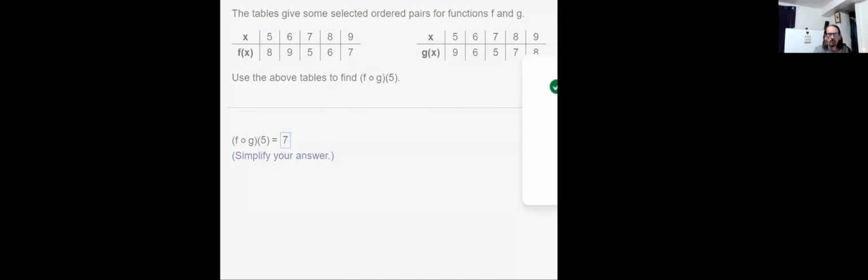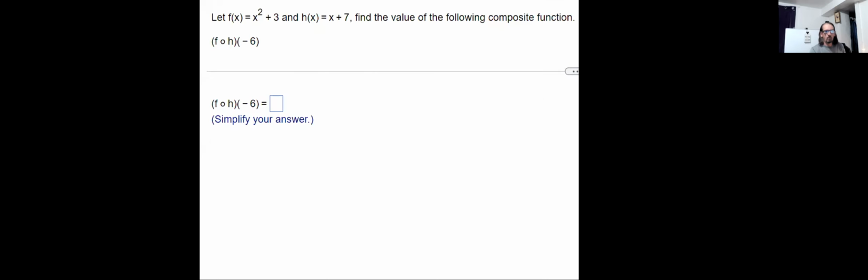All right, let's take a look at evaluating another one, but written a different way. Okay, so this one has a particular value of x. I'm going to write this down on my board back here, let you take a look at that in the meantime. So we're told that f of x equals x squared plus 3.